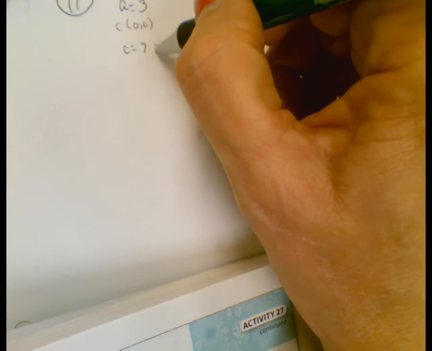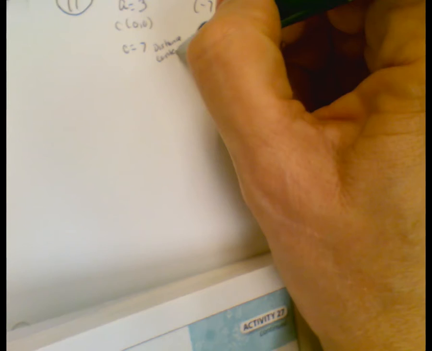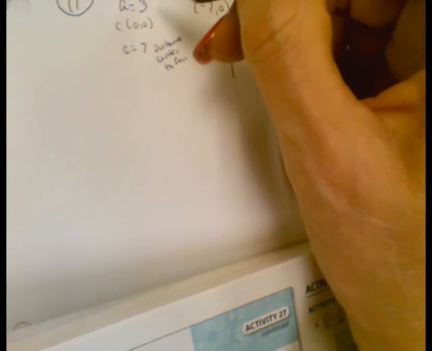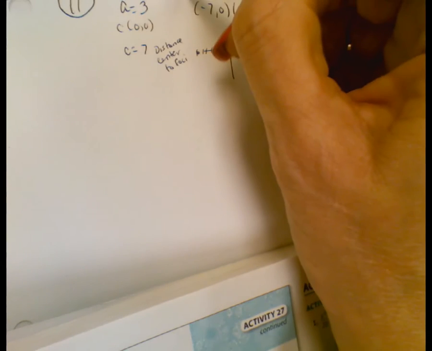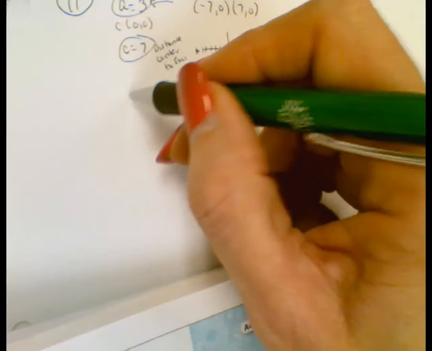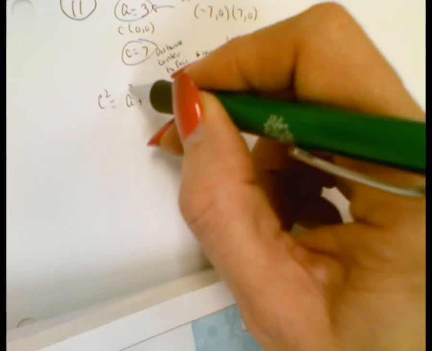This is the distance from center to foci. And we got a by taking 2a equal to 6, so a is 3. Whenever you know two of these, you can use the foci formula, which is c squared equals a squared plus b squared.